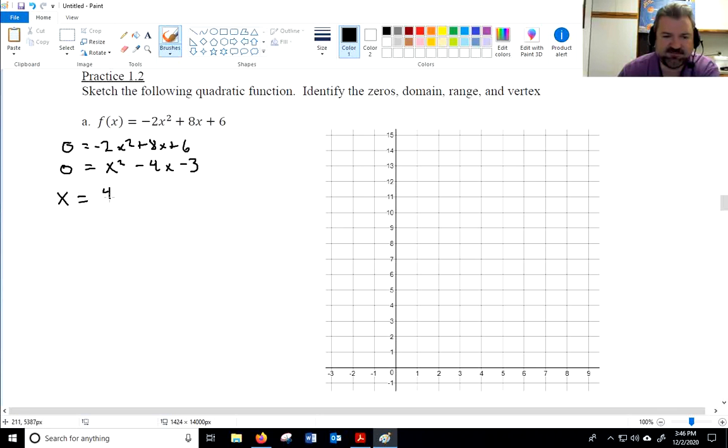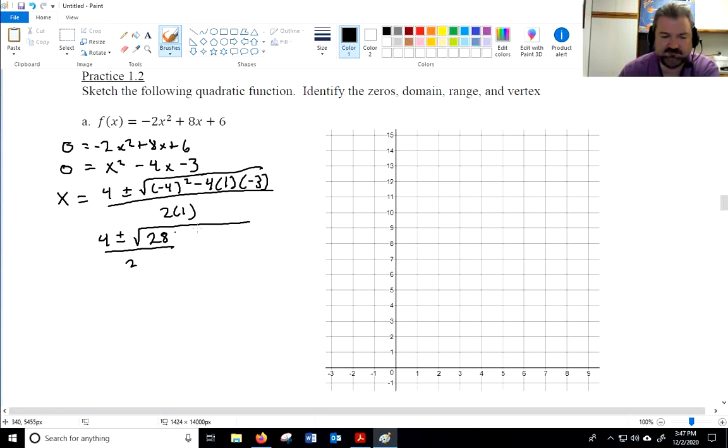x is equal to the opposite of b plus or minus the square root of b squared minus 4ac, all over 2a. So 2 times 1. So that's 4 plus or minus the square root of 16 plus 12, which is 28, over 2.